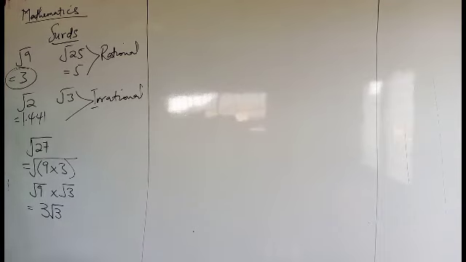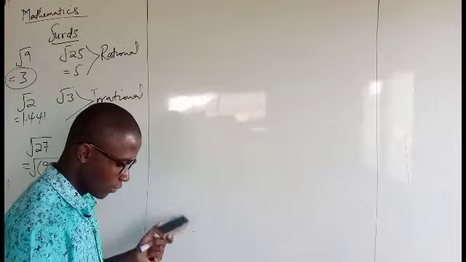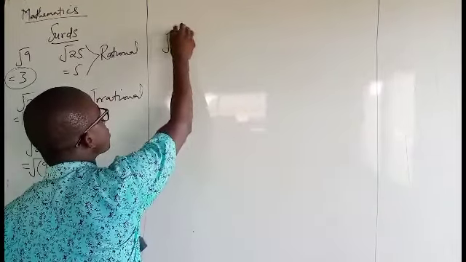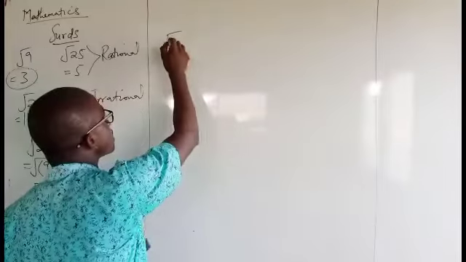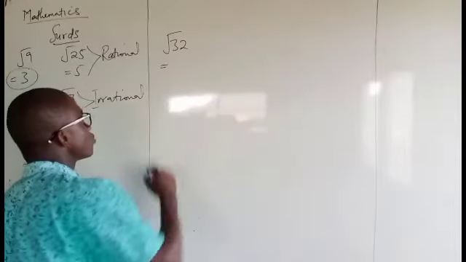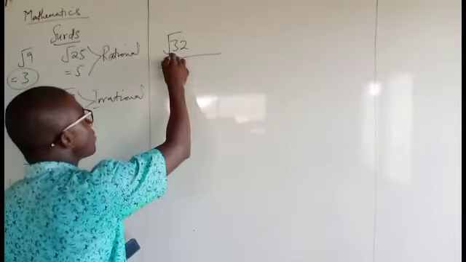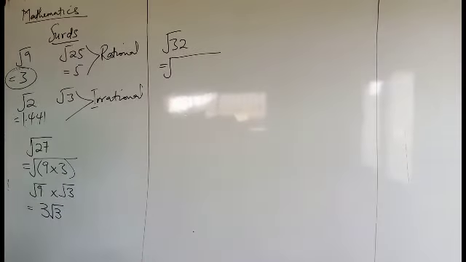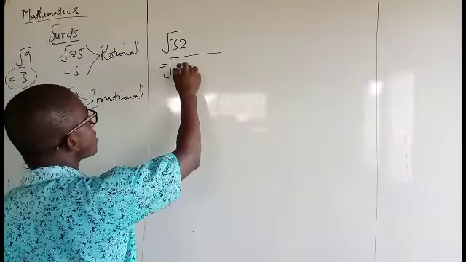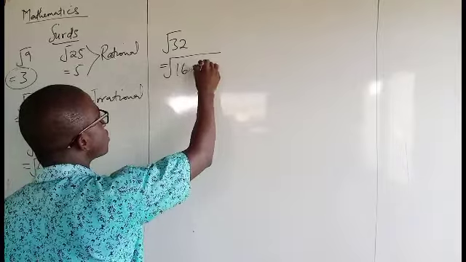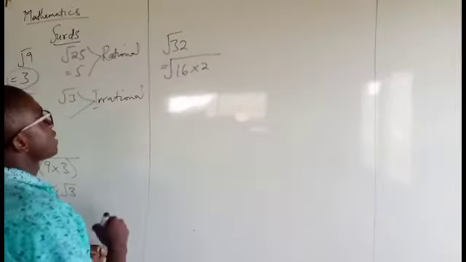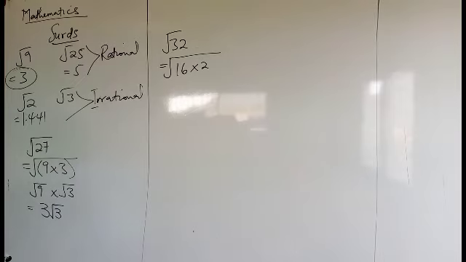That's interesting, right? Let's try different examples. Let's go for the square root of 32. Let's look for the numbers. 32, you can say 16 and 2. 16 times 2 will give you 32.